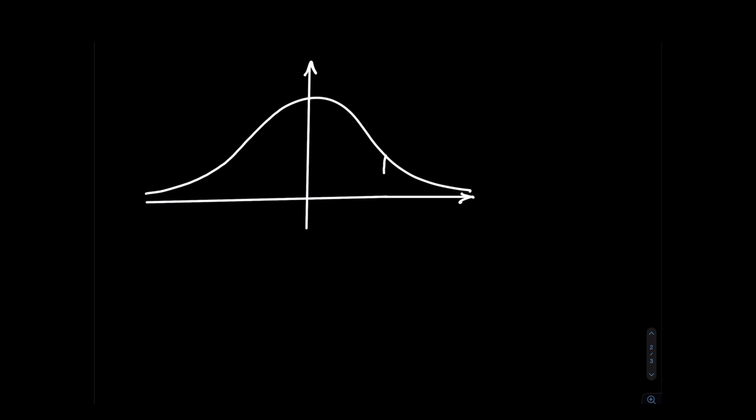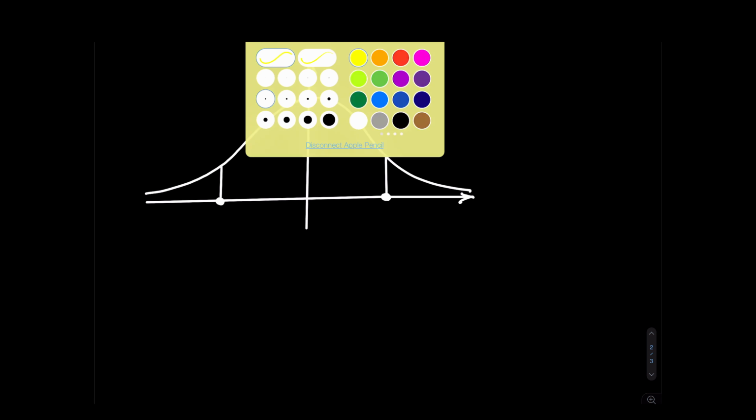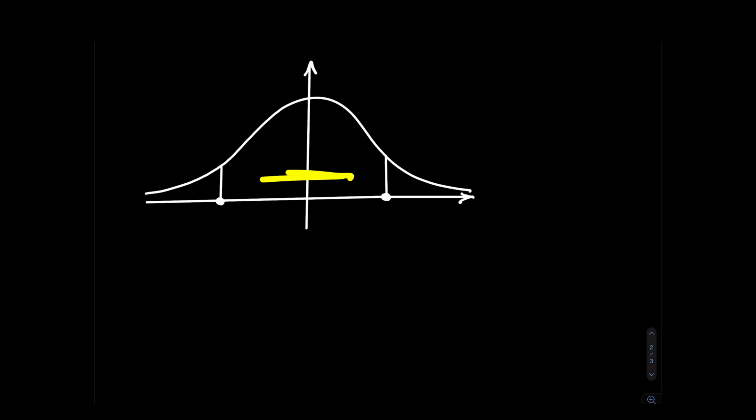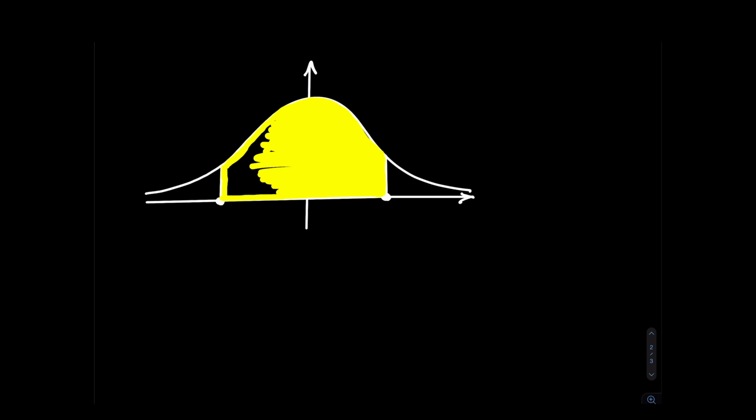Now, say I'm interested in the middle area of the normal distribution. I'm assuming that the left side and right side are identical. Forgive the artistic abilities here, guys. So let me just fill this out. And here's my mean.